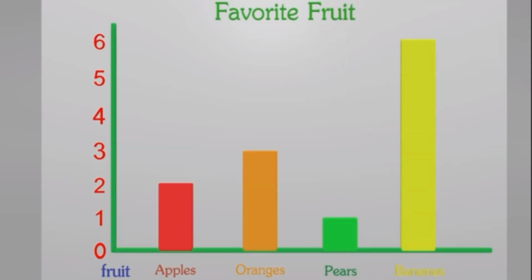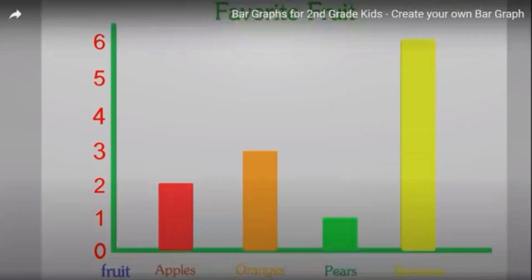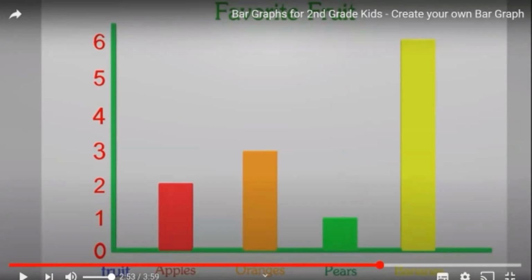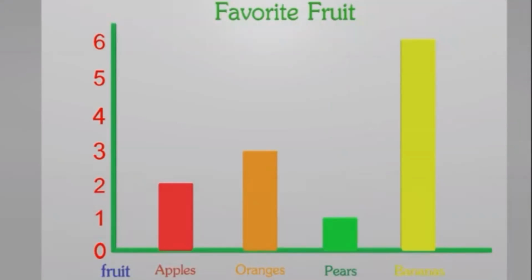We now have an amazing bar graph that shows all of the data that I collected about what is the favorite fruit to eat. With this graph, it is easier to read and interpret the information. For example, I can see that only 1 person liked pears. Now that's interesting. Can you tell me what fruit was the most popular? We can tell from the graph that bananas were the most popular.